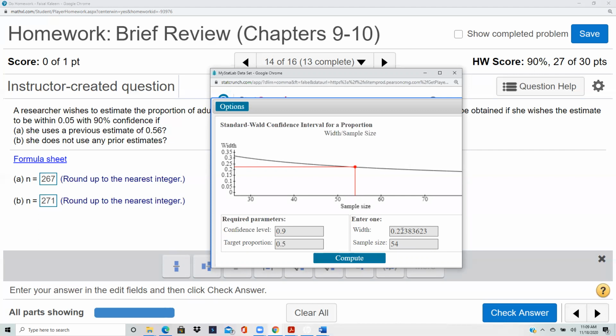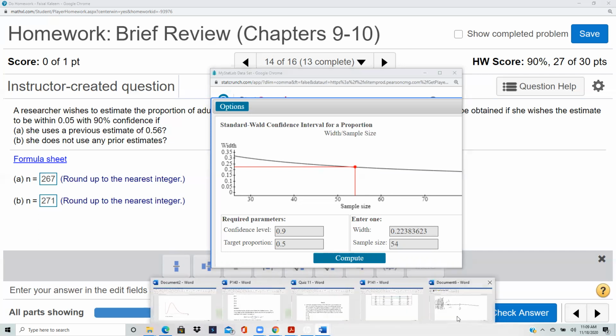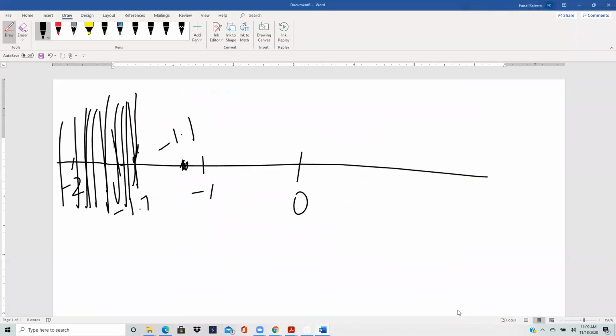You wouldn't multiply it by 2. The picture is like this.